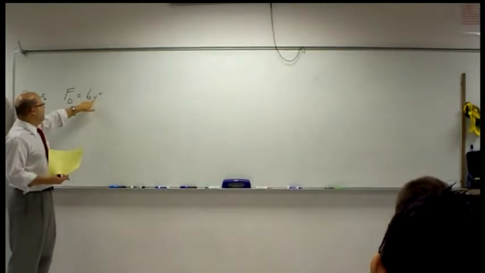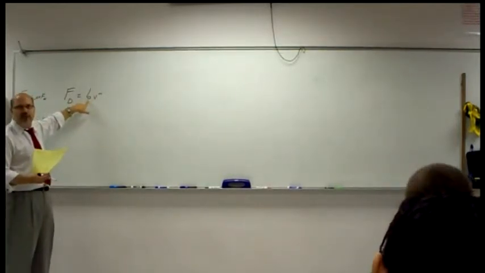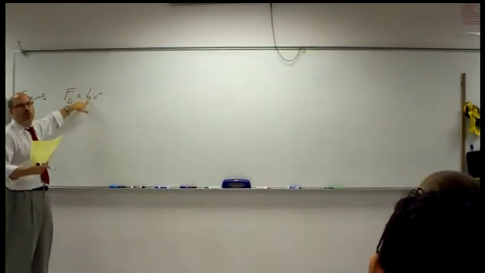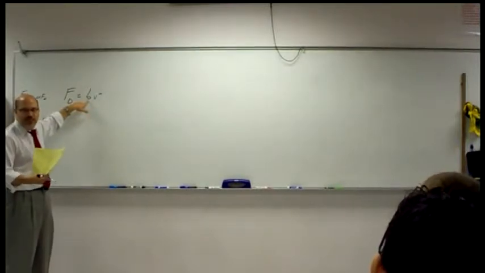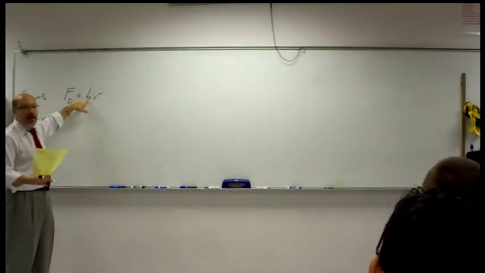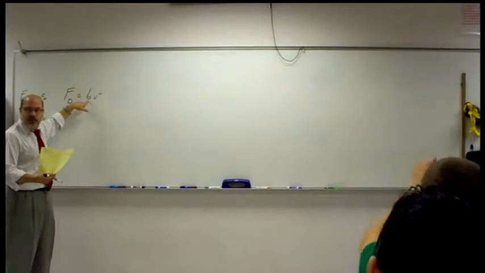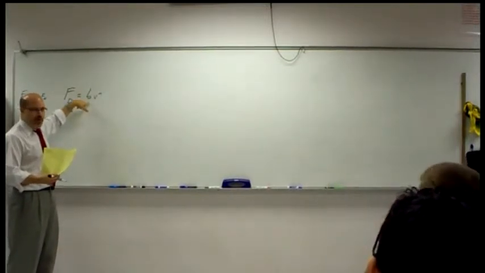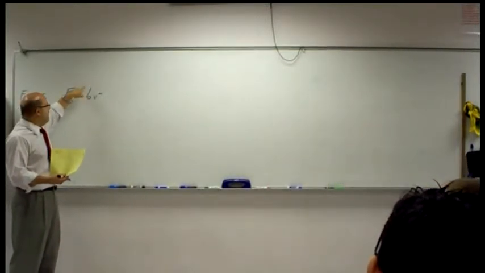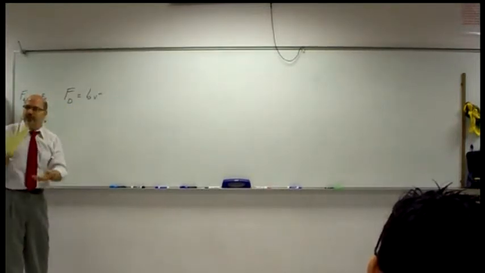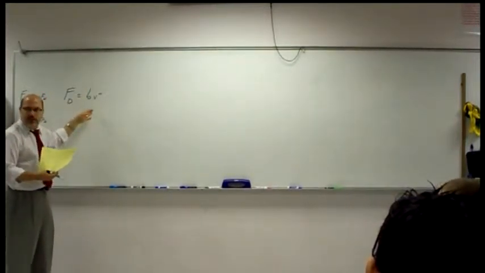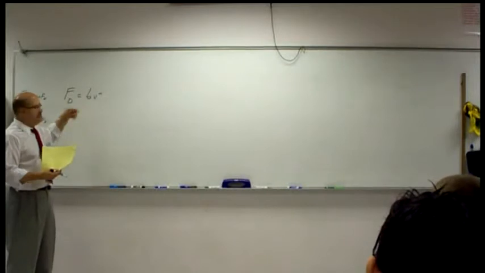So the more jagged and more resistive the object is shaped, non-streamlined, and the thicker the fluid is, the bigger this number will be. If we're going through air, it's going to be smaller. If you have a streamlined shape like an airplane, it's going to be smaller, which is good.